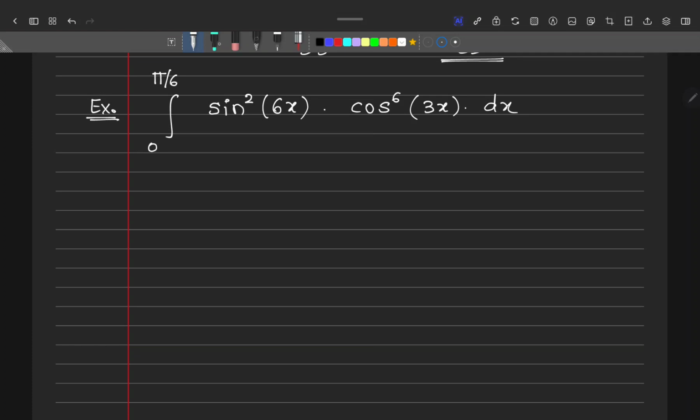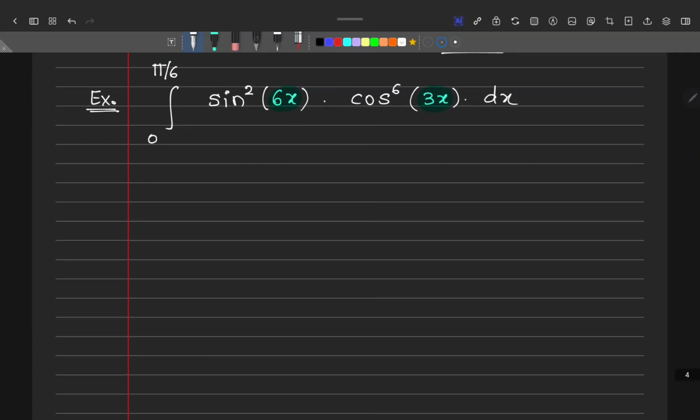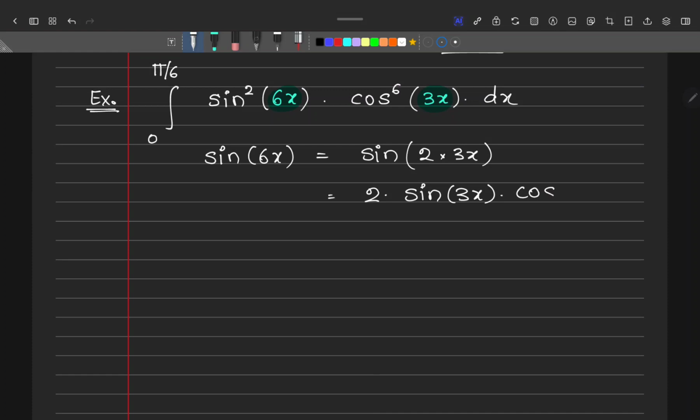If you check the angle of this trigonometric function, it is not the same. So we can write this sine 6x as sine 2 times 3x, so we can write this term as 2 times sine 3x into cos 3x.